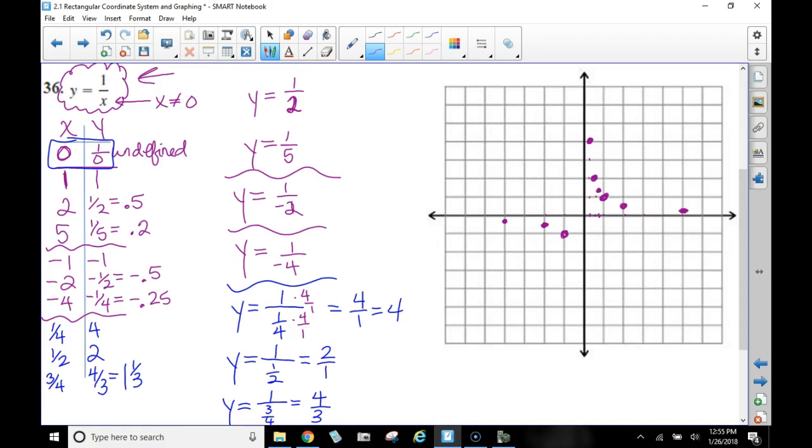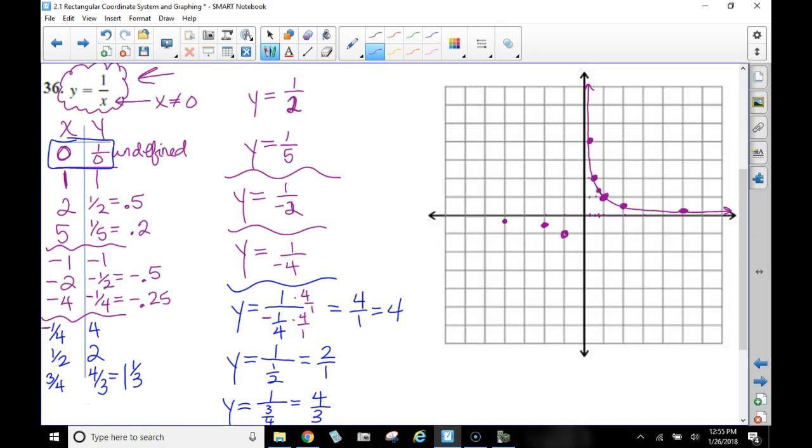And what actually happens, and if you want to pick out some more ordered pairs, you can. What happens is you have like a little curve that does a little something like this. Okay? And then let's focus on what's going to be happening down there in quadrant 3. When x is a negative 1/4, let's see what would happen.